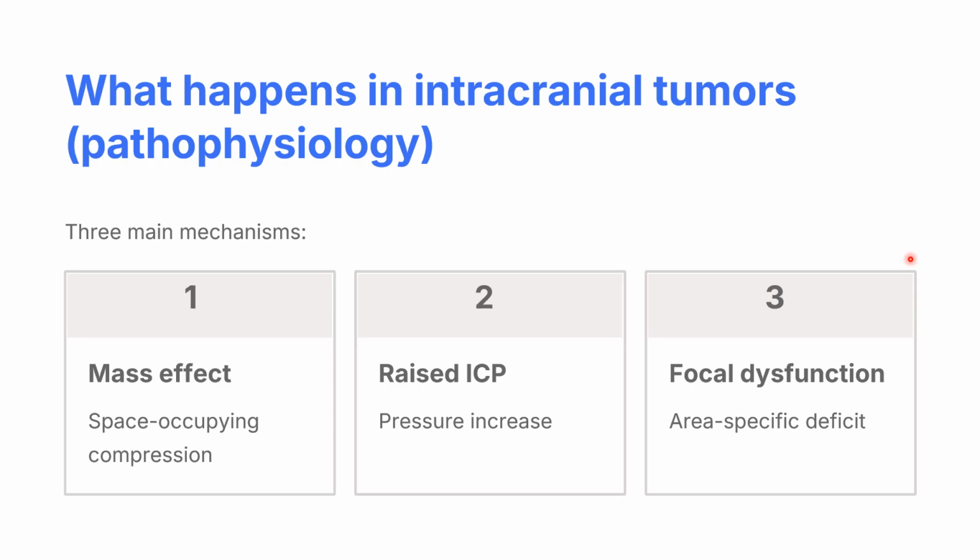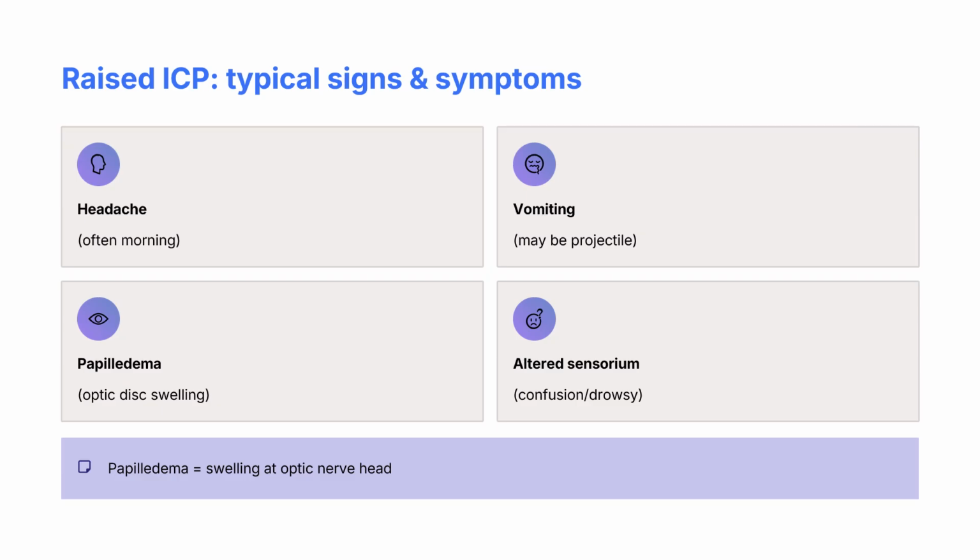Whichever brain area is targeted, that area's function loss may happen, or the function may be altered. The typical signs of increased ICP are headache, vomiting, papilledema, and altered sensorium. Raised intracranial pressure is a medical emergency.